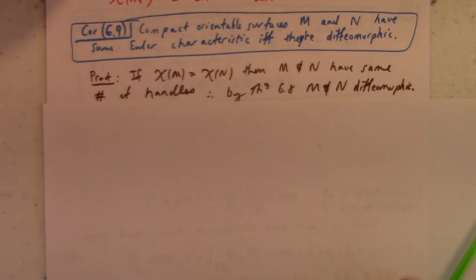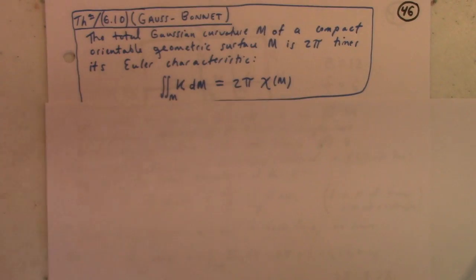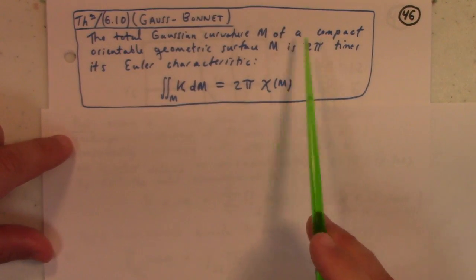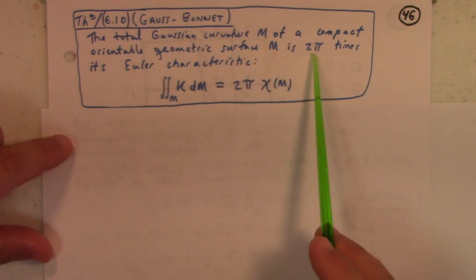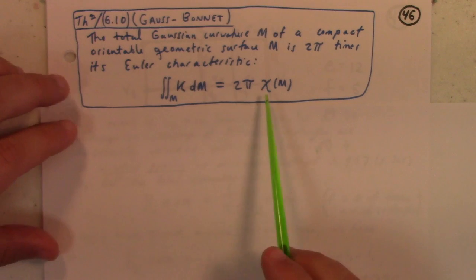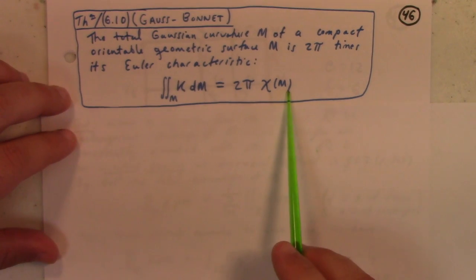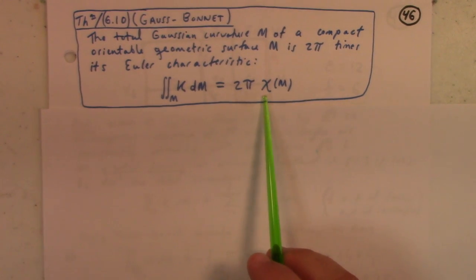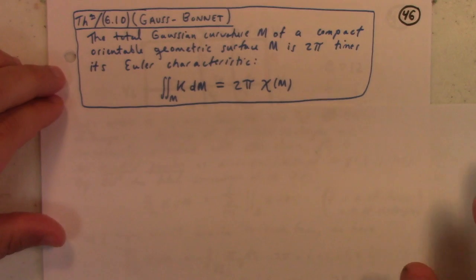All right. So getting back to Gauss Bonnet, the full version of it. The total Gaussian curvature of a compact orientable geometric surface M is 2 pi times its Euler characteristic. Whoa. You're like, what happened to the geodesic curvature and the exterior angles?